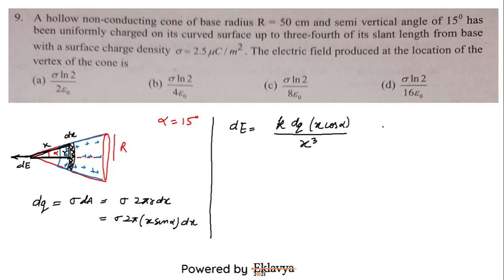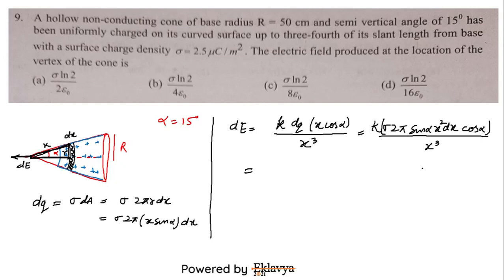So this is the formula. Now we are going to substitute the value of dq. So it's sigma into 2 pi into sine alpha into x dx. That's dq. Now dq will be multiplied with x cos alpha, so we'll get x square here and a cos alpha here. This entire thing will be divided by x cube.